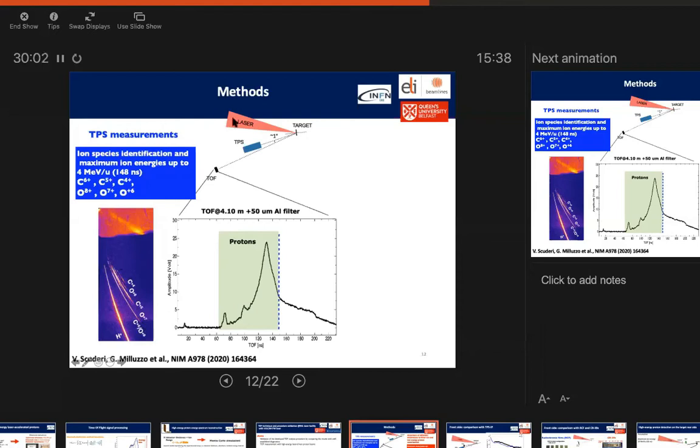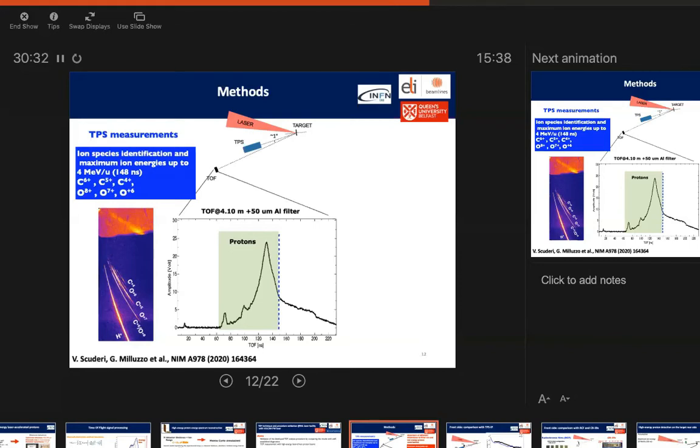And again, thanks to the Thomson parabola, we had information on the maximum carbon energy. Because we know the maximum carbon energy, which was 4 MeV per nucleon, we can say which time of flight it corresponds to, which means that the signal coming before this time is only protons, because there are no carbons and ions.